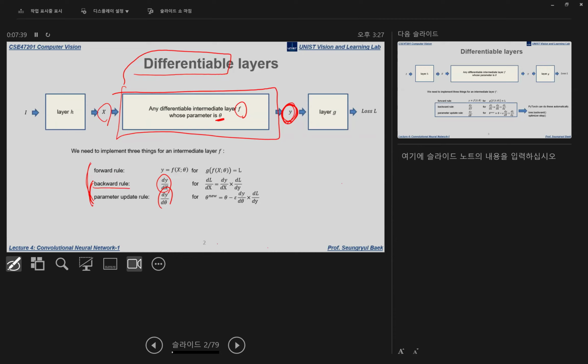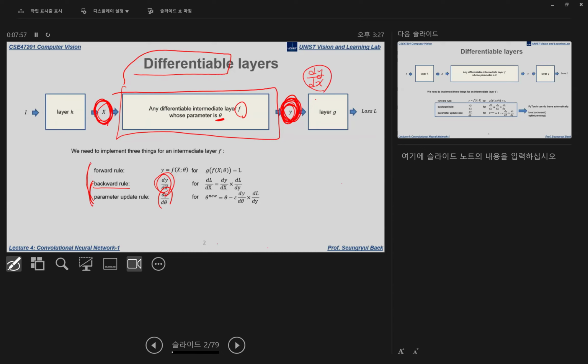Firstly, they have to have this gradient, which means the differentiation of the output with respect to the input. That is dy/dx.